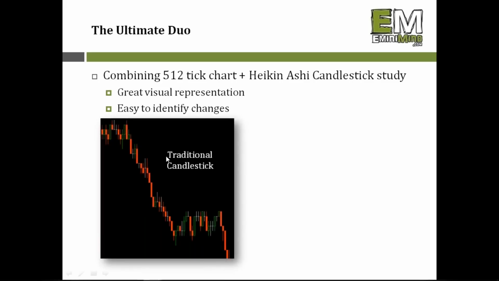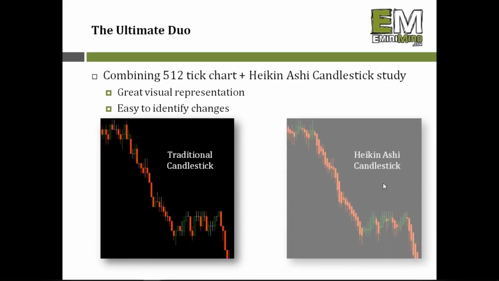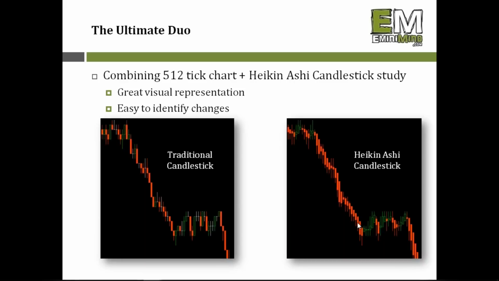Again, here's a traditional chart on the left, and here's the Heikin Ashi candlestick on the right. You can pretty easily identify the trend on the left part of both charts. But as we get into the sideways consolidation, it becomes a lot clearer: oh, okay, there are only 4 or 5 bars in one direction, then 2 in the other direction, then only 3 green bars in one direction, then we pull back and trade in the other direction.